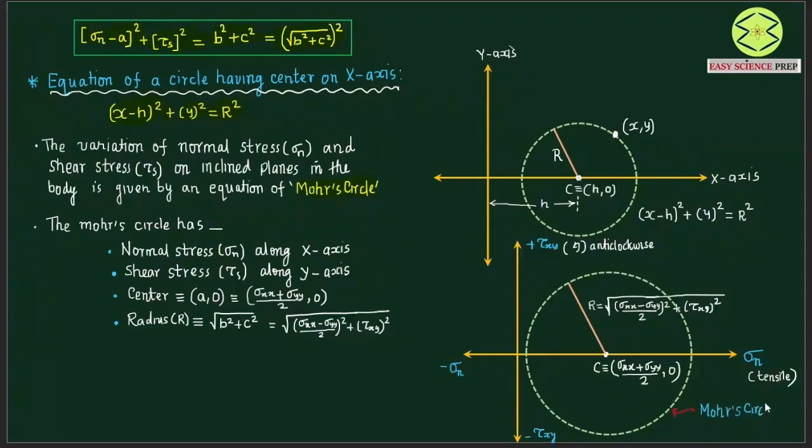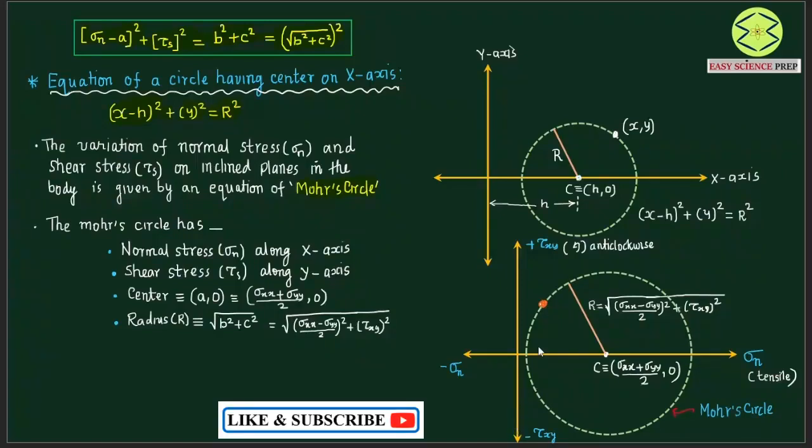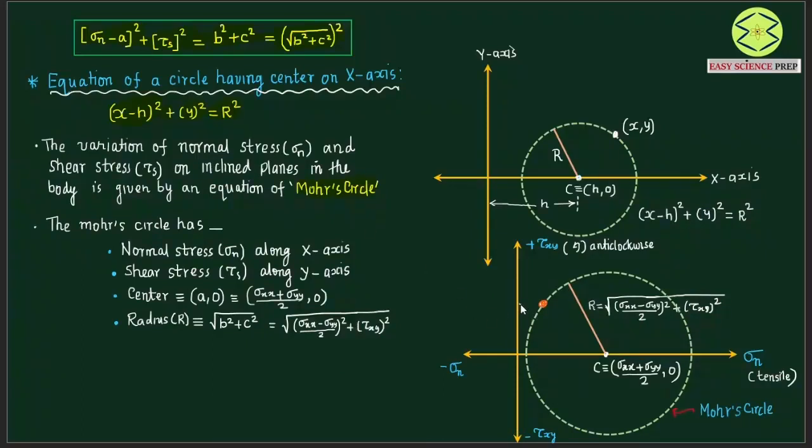Now once we have the Mohr circle, we can find out the parameters required. What is the point on the Mohr circle? That is very important. If you take any point on the Mohr circle, what is the meaning of that point? Basically, a point on the Mohr circle will have some x coordinate and some y coordinate.